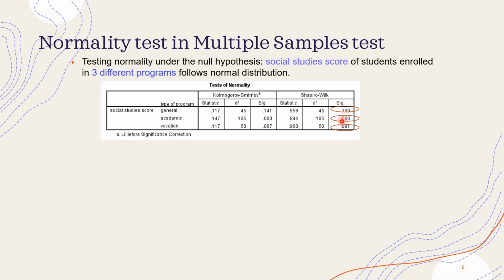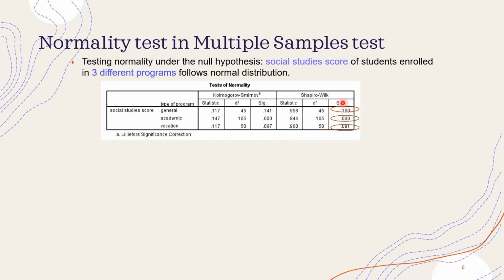The second p-value is 0.000, which is less than 0.05, which implies that the social studies score in the academic program does not follow normal distribution. Then we have the third p-value, which is 0.091, which is more than 0.05. So it means the social studies score in the vocation program follows normal distribution.